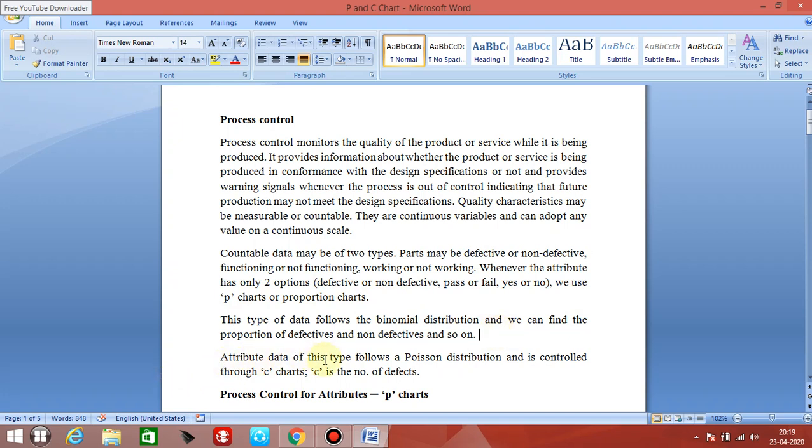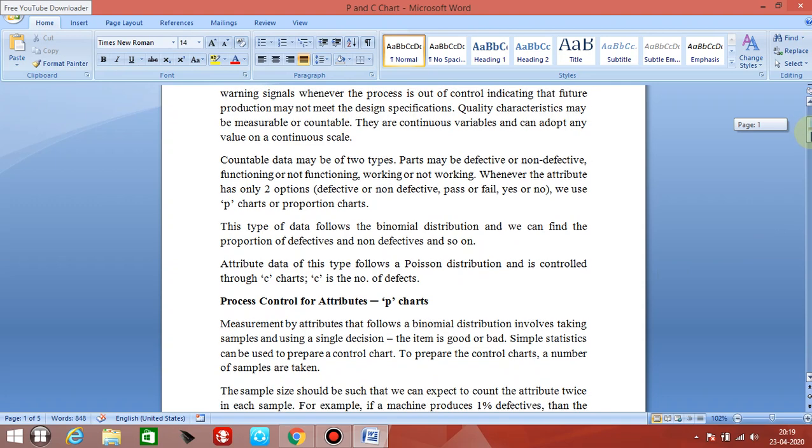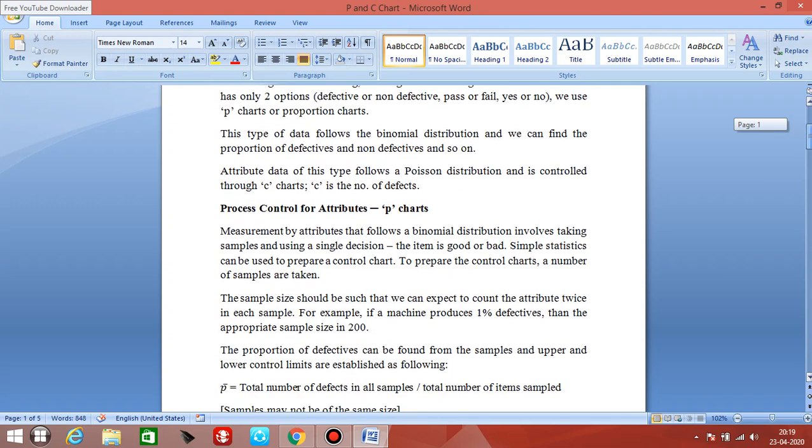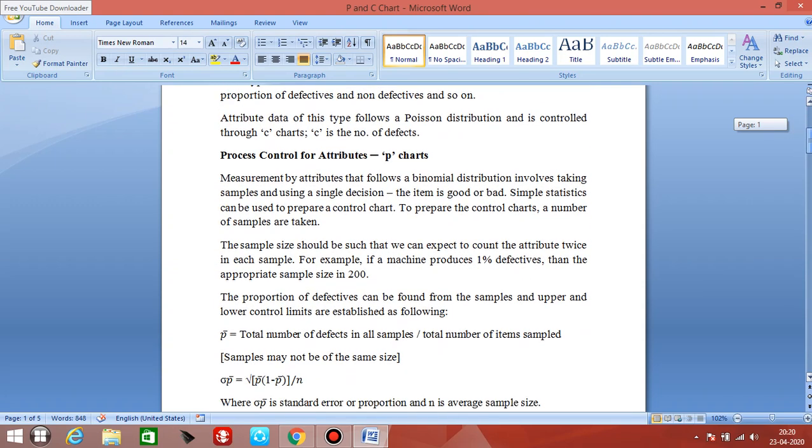Attribute data of this type can also follow Poisson distribution, and that we will discuss later on with the help of C charts. Now first we have to deal with P charts, that is process control for attributes with P charts.